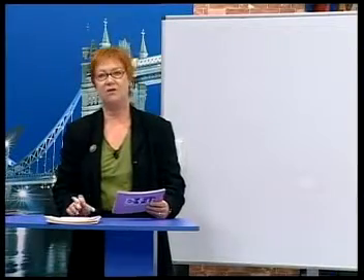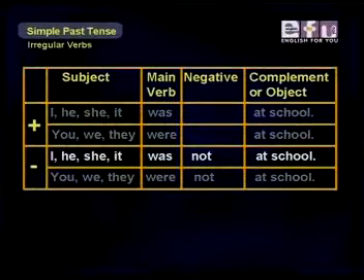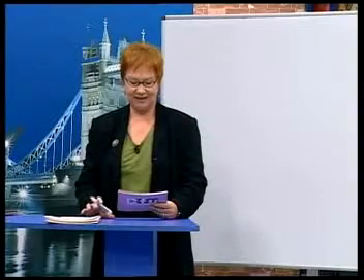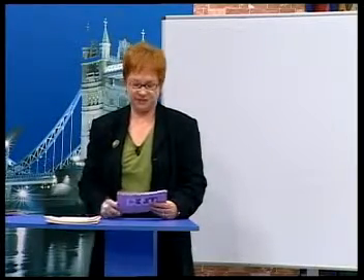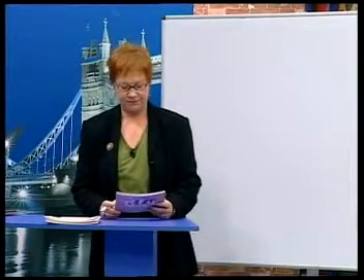Subject, main verb, complement. Okay? Now, to make it negative, I, he, she, it was not at school. Subject, main verb, negative, complement. And of course, you, we, they were not at school. You were not at school. Subject, main verb, negative, and complement.